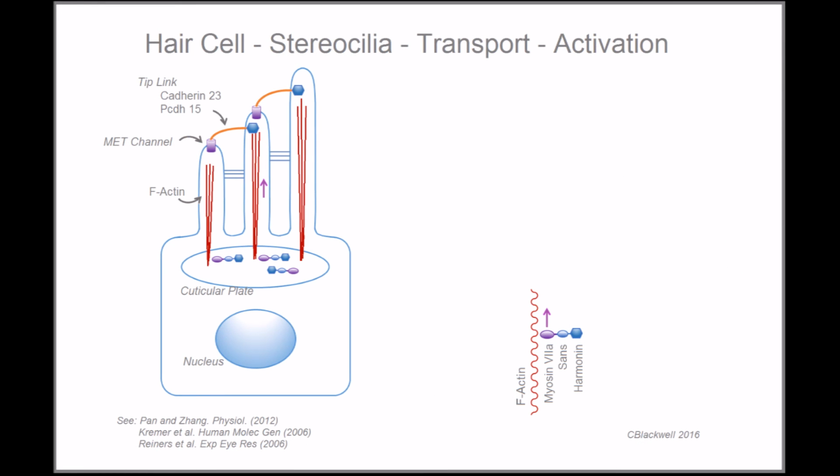The diagram shows one current theory of how the different proteins act together in the hair cells. Myosin is the motor that carries the harmonin and sans components from the cuticular plate along the actin filaments to the top of the cilia.